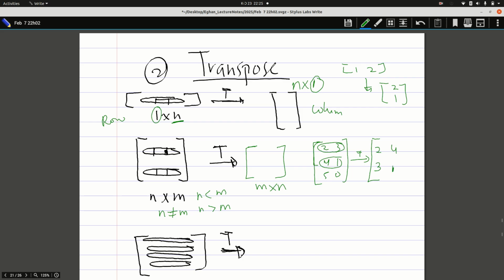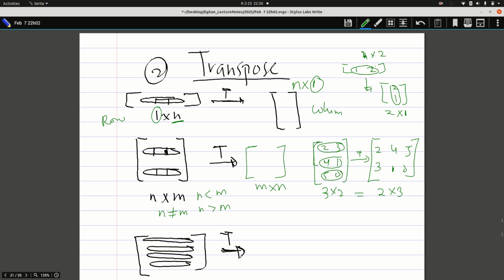Every row becomes a column, 5, 0. And what do you see? 3 by 2 now becomes 2 by 3. And that is the transpose. So here the row became a column. 1 by 2 is supposed to give me 2 by 1. And that is it for transpose.